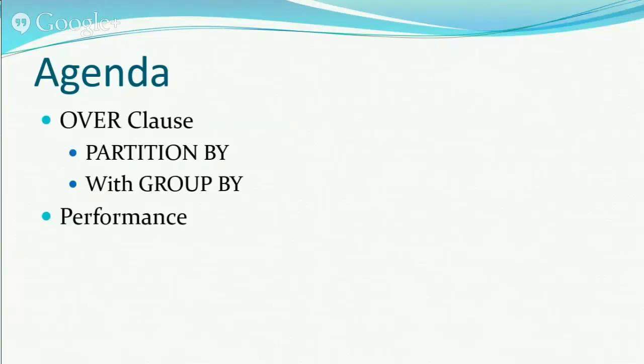That wouldn't make any sense in SQL Server, but conceptually what the over clause will do is let us apply those aggregates to different windows of data that are different in what you're grouping by. Partition by is how you can divide it up, and we'll see how the over clause works if you're using over and a group by, and then we'll take a look at some performance on that.